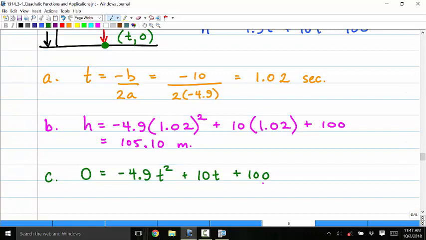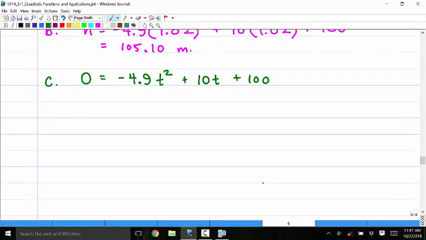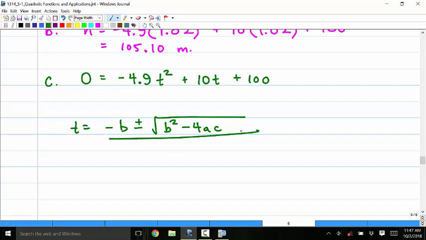How do you find x-intercepts? With that wonderful song? You agree? I'm not singing it. You had t equals negative b plus or minus the square root of b squared minus 4ac, all over 2a.